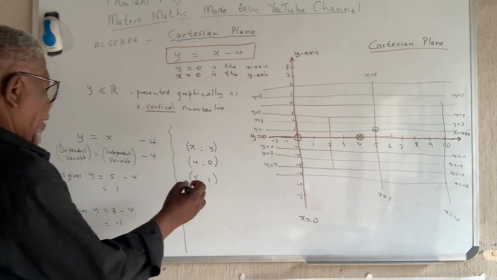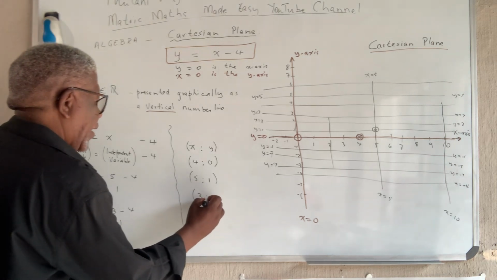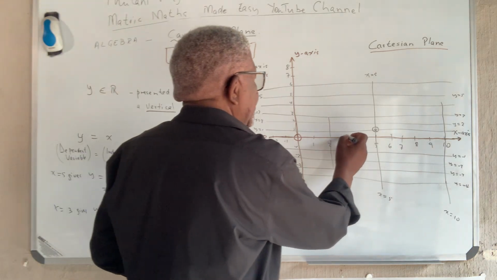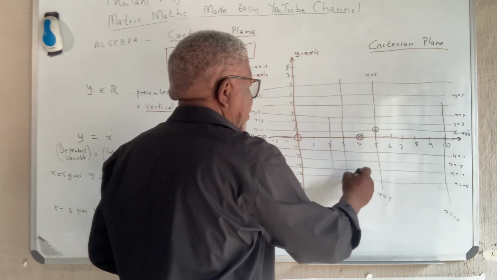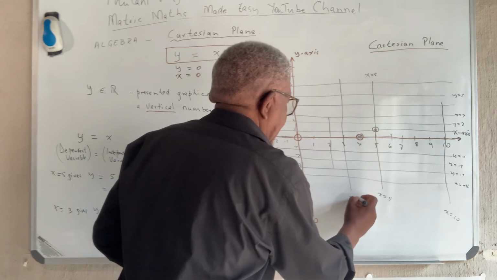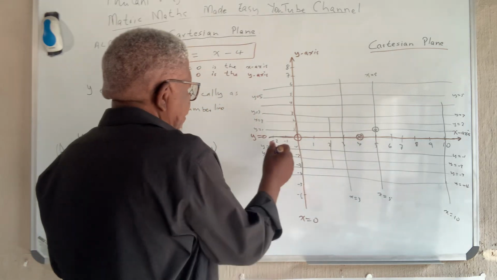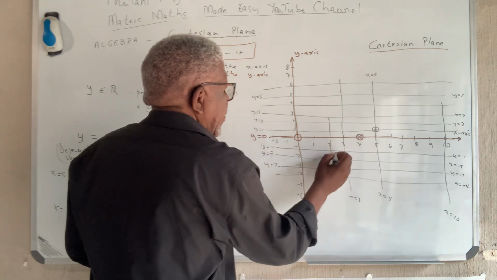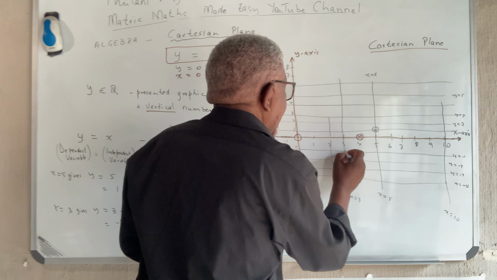So we have another coordinate here, x equals 3 and y equals -1. So where is x equals 3? x equals 3 is here. This vertical line represents x equals 3. And then y equals -1 is represented by this horizontal line. They must meet here. So they meet here.